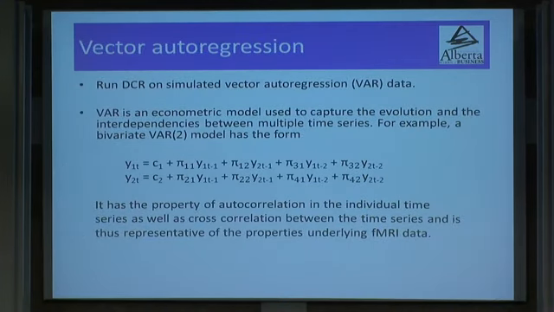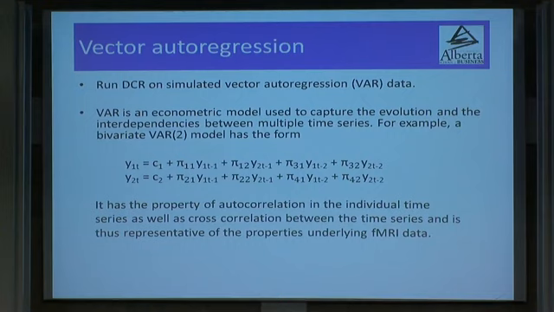But with fMRI, we normally have certain characteristics that are similar to a vector autoregression. So I'm going to move now to the vector autoregression. So we're going to run this DCR on simulated vector autoregression data. VAR, for those of you who don't know, is an econometric model used to capture the evolution and the interdependencies between multiple time series.